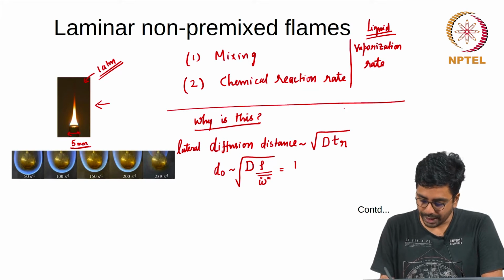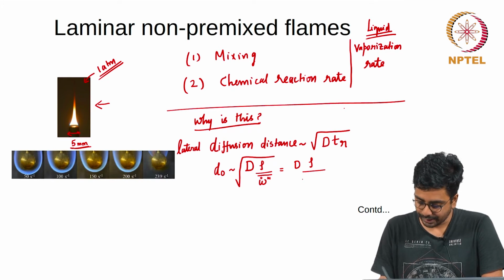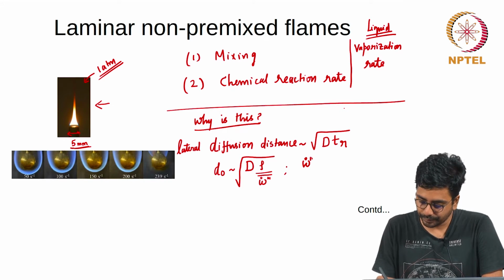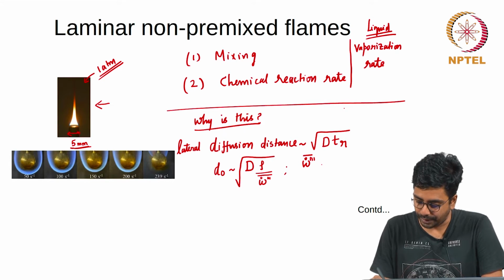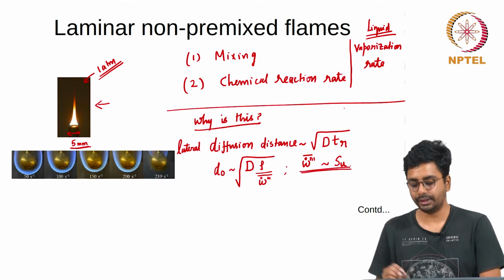This is equal to rho divided by the reaction rate, which goes as A exponential, let me not go into those details, probably it is not required. We saw that omega dot triple dash bar is related to the flame speed. Okay. Let me just say that.